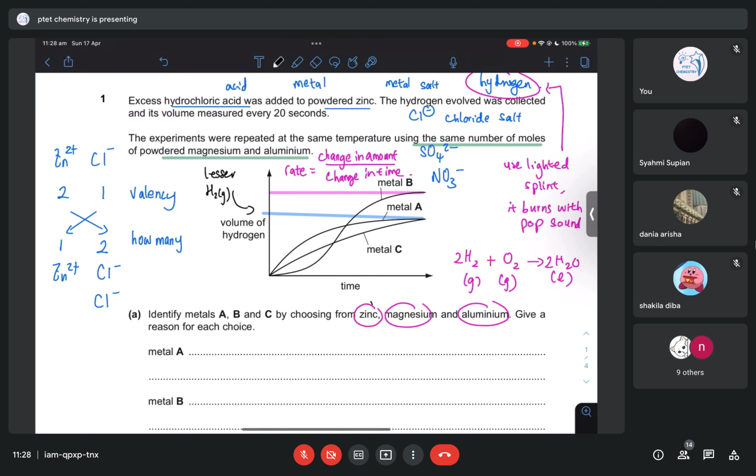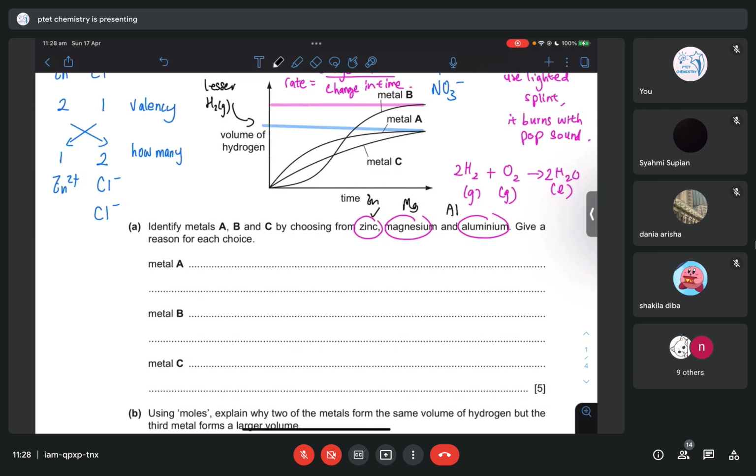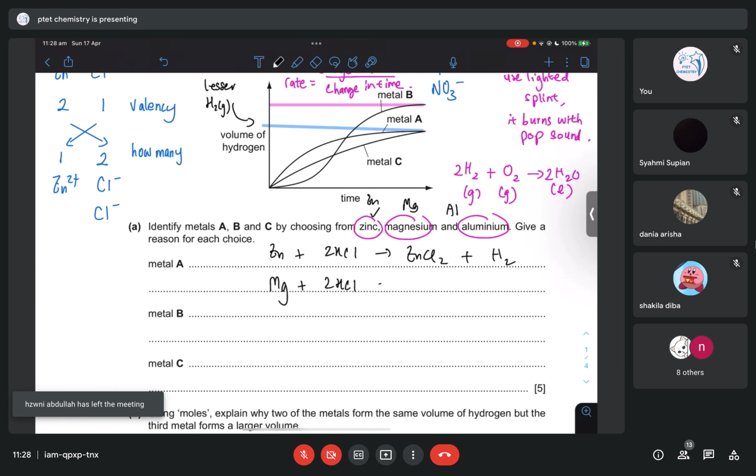You have zinc, Zn, you have magnesium, and you have aluminium. When we form the salt, we are going to get zinc plus 2HCl give you ZnCl2 plus H2. When you form MgCl2, it's going to have the exact same equation, MgCl2 plus H2.